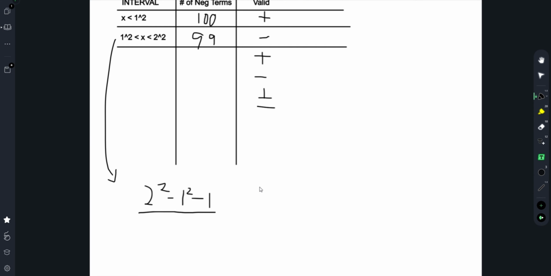The next one would be 4^2 minus 3^2 minus 1. So this is 10, 11, 12, 13, 14, 15. That's 6 numbers, and 16 minus 10 is 6. This works. So we just add all these up all the way to 100^2 minus 99^2 minus 1.